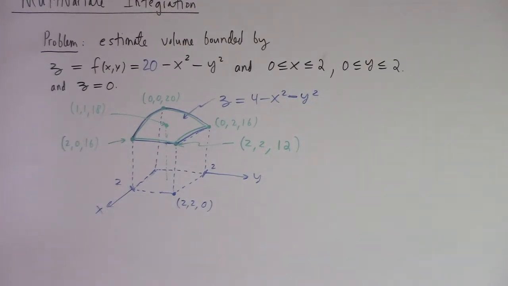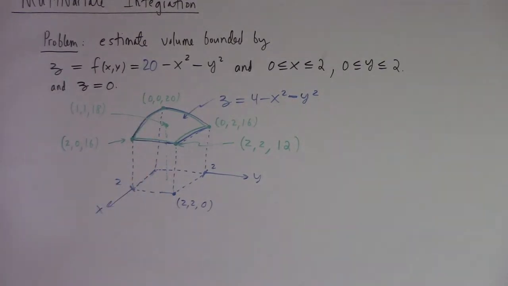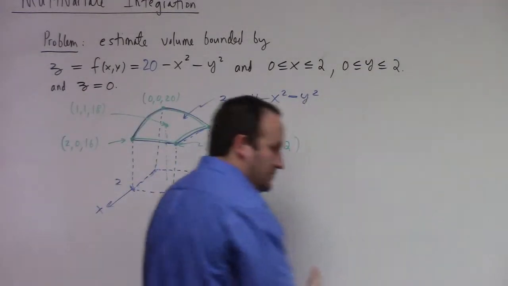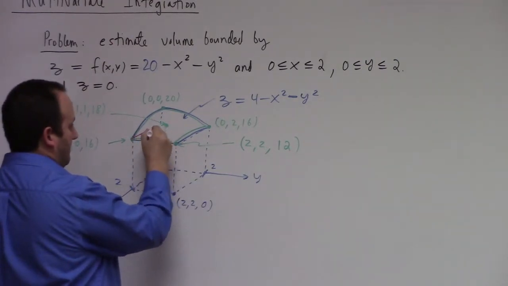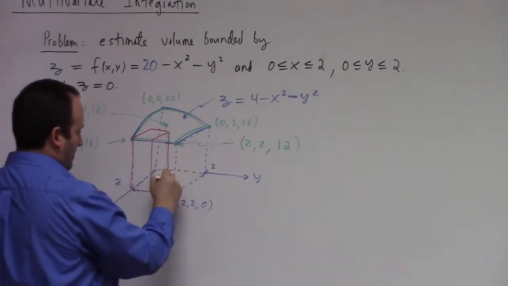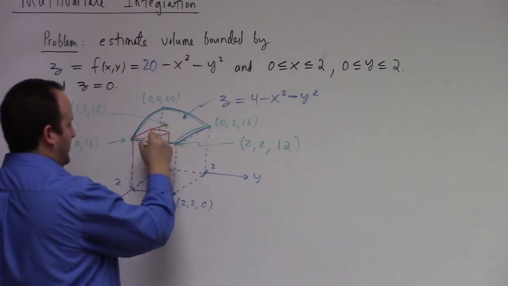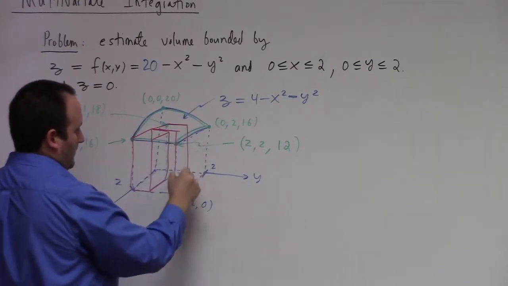So if I wanted to approximate the volume under this curved surface, what could I do? I could use rectangular solids to approximate it. Think about it like, I could take this curved building and replace it with 4 kind of boring skyscrapers, let's say. You could make one like this. And then I could choose this next one to be based on the height of the middle box. Like that, right?